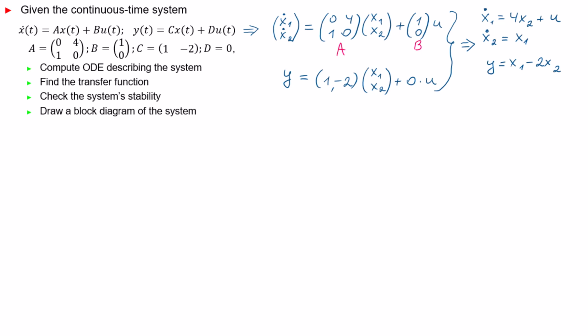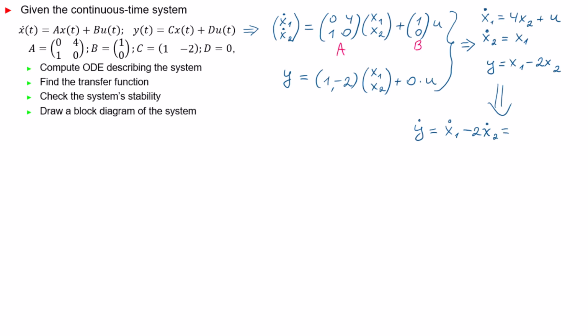Since we will need all derivatives of the output y up to the system's second order, let's try to compute them. We start with taking a derivative on both sides of the y equation. So y dot is equal to x1 dot minus 2 x2 dot.